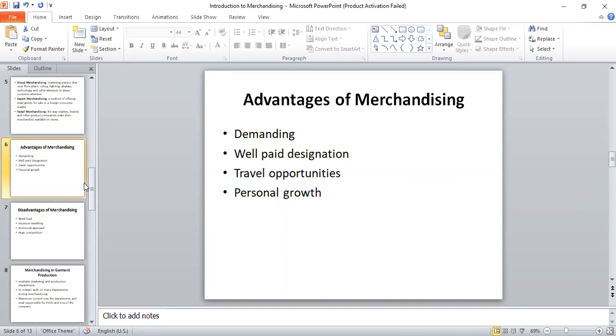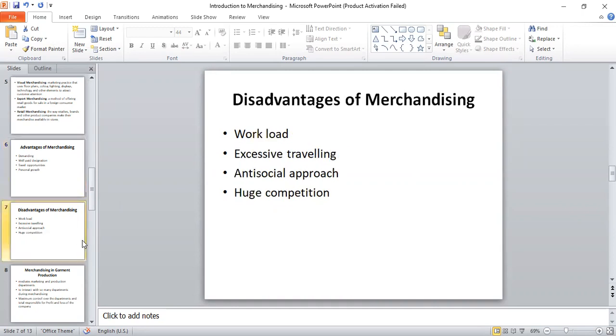Also, these are some disadvantages of merchandising. Excessive workload, excessive traveling, anti-social approach, huge competition, long and late working hours.